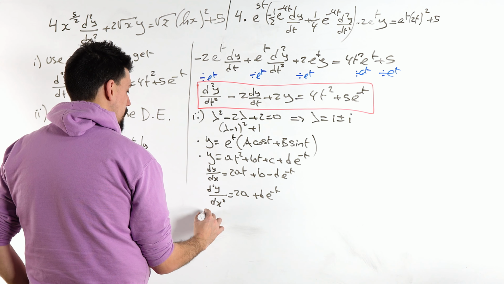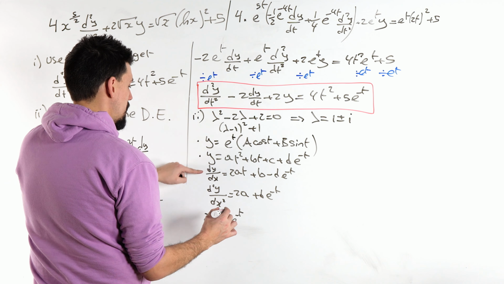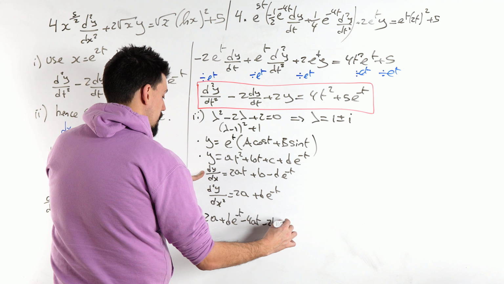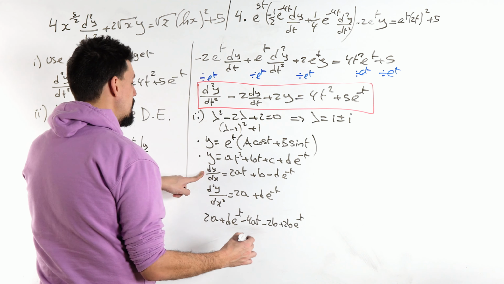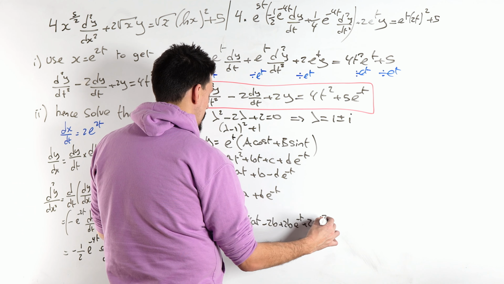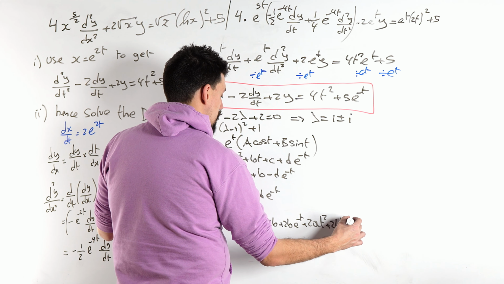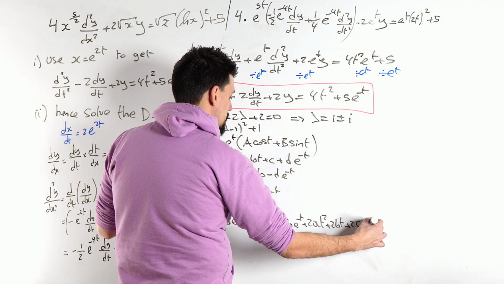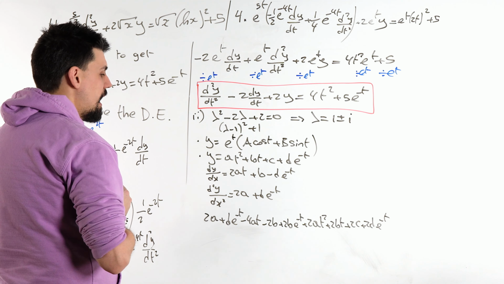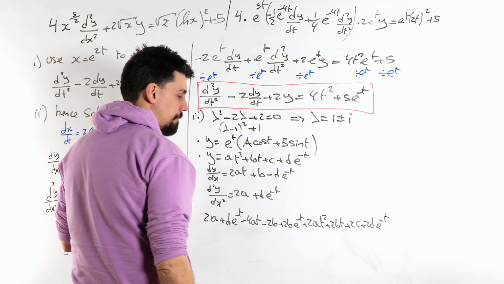So I end up with 2a plus d e to the minus t, minus 2 times that, minus 4at minus 2b plus 2b to the minus t, plus twice that, plus 2at squared plus 2bt plus 2c plus 2d e to the minus t. Now what has that got to equal to? Well, it's got to equal to that.